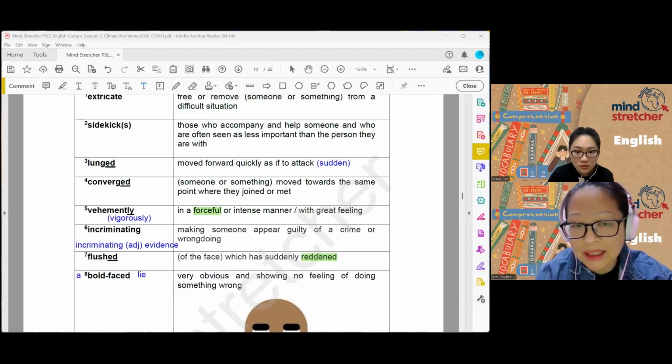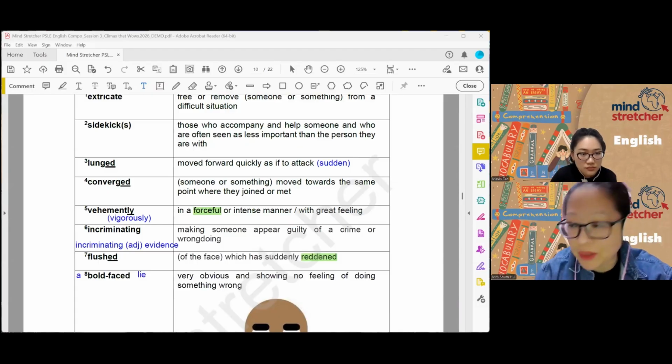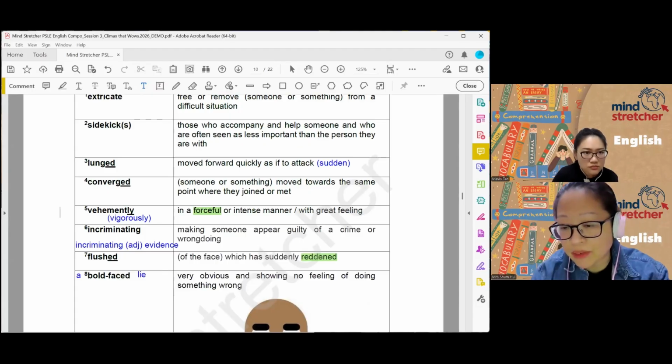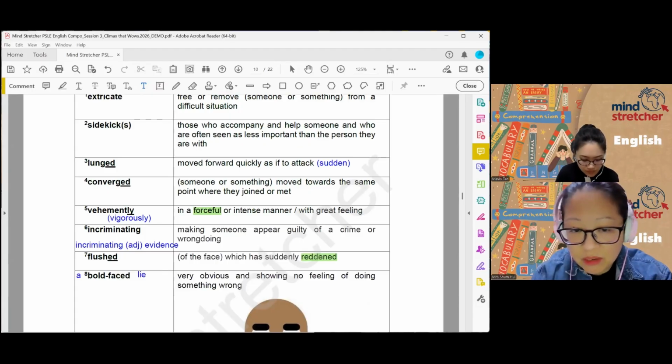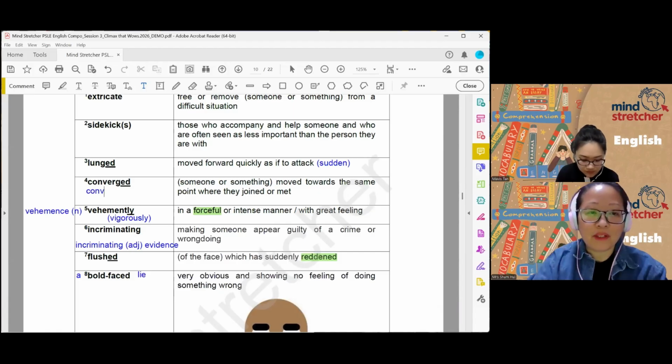So vehemently is a very good word. It's like almost very, very strongly you do something with strength, like converge, convergence. So this is how you can build up vocabulary. Beyond composition, you have to make good use of our word list.